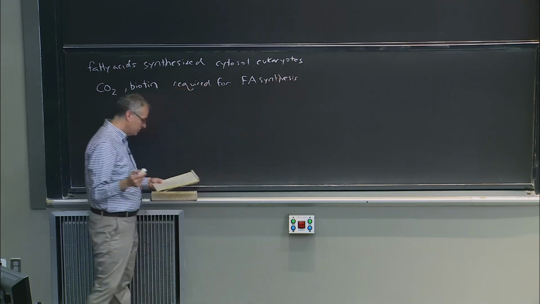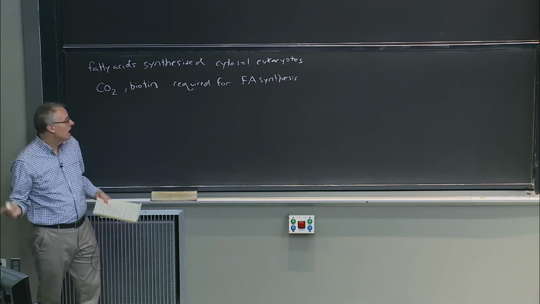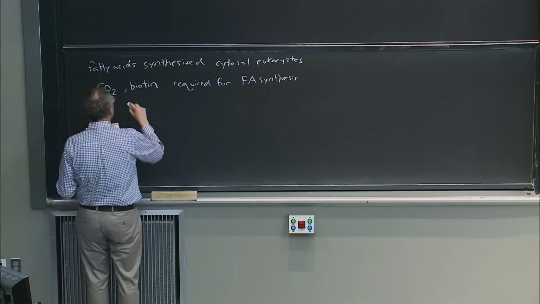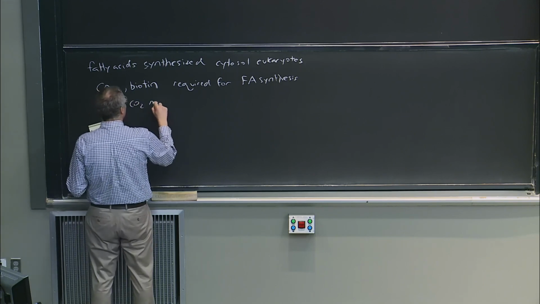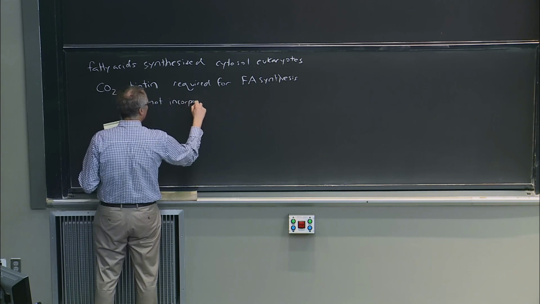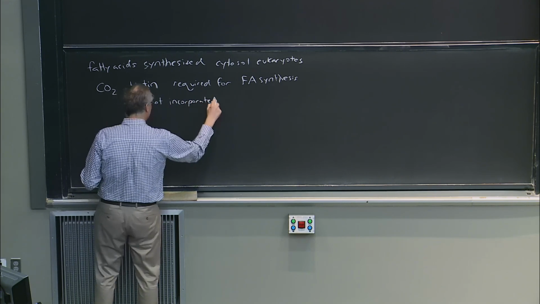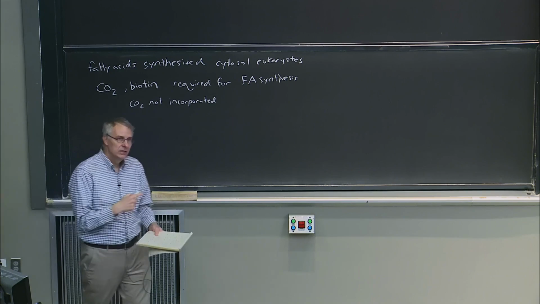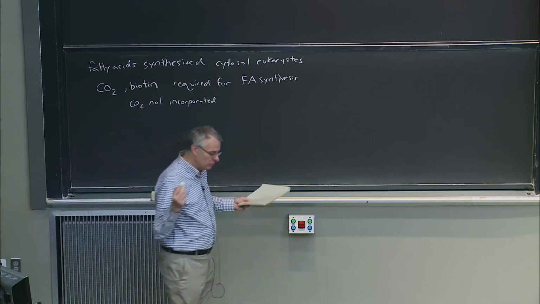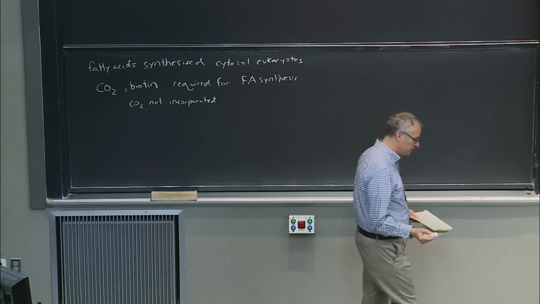However, you will also see that that CO2 carbon is not incorporated into the fatty acyl chain. And so you'll see that the CO2 is required, but ultimately is added and released, which is exactly the same analogy to what we saw when we did gluconeogenesis.